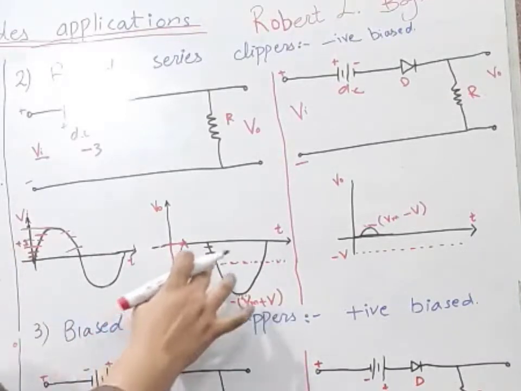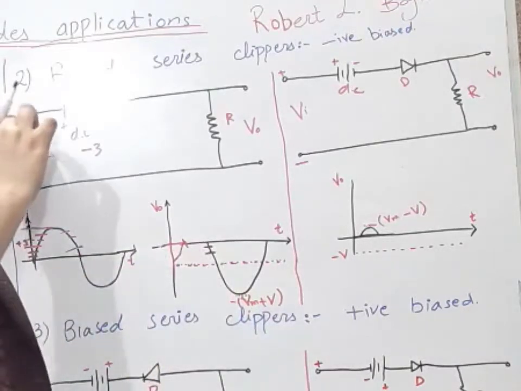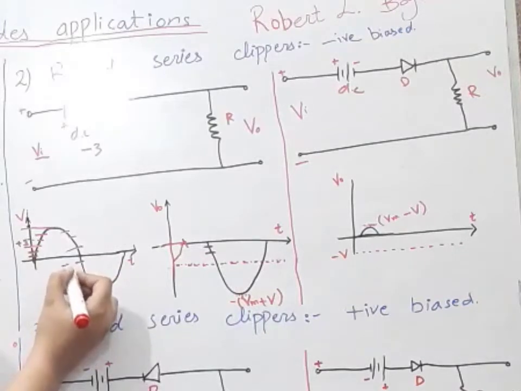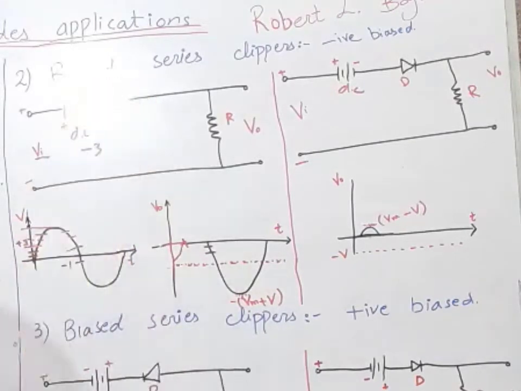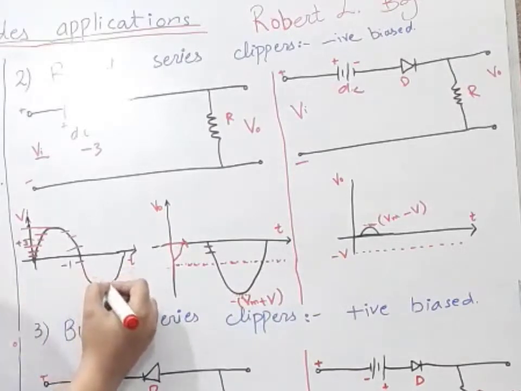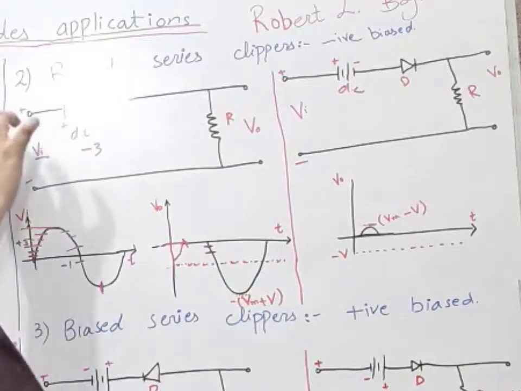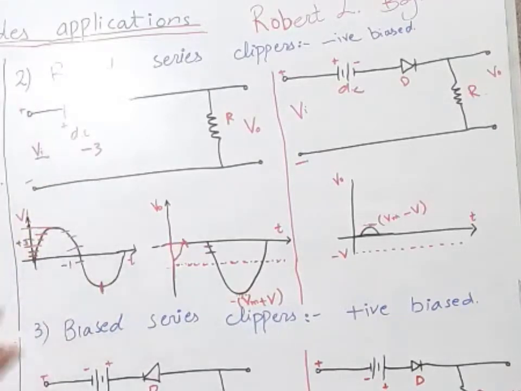When the input waveform potential is -1 and our battery potential is -3, we will get -1 minus 3 is equal to -4. And when the input waveform potential is -6 and battery potential is -3, then we will get the final waveform at -9.